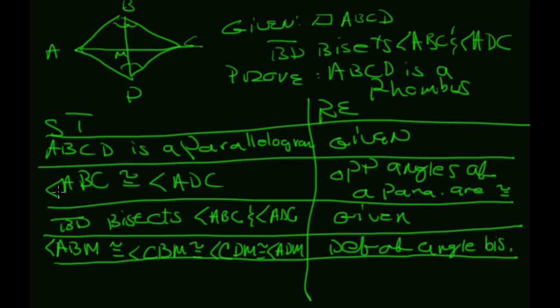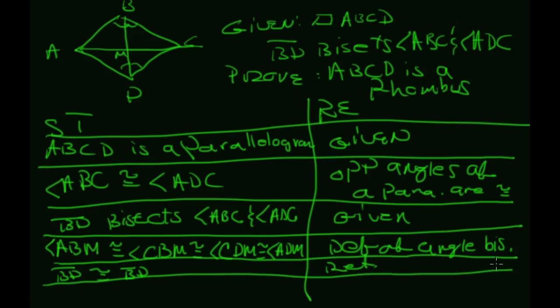I can say that BD is congruent to BD. That should be a reflexive property, right? So that's reflexive. So in turn, I get that triangle ADB, right?